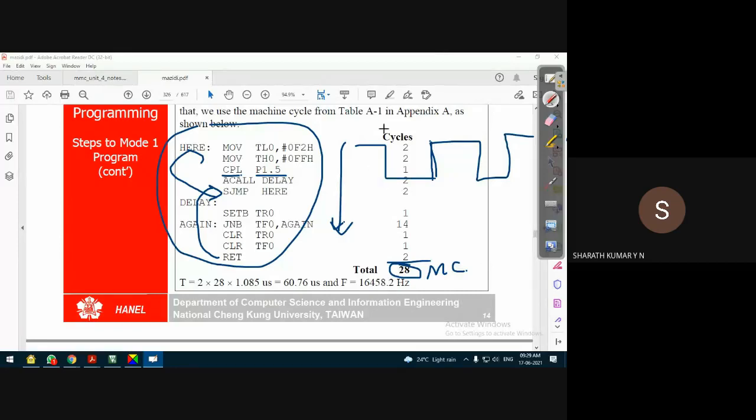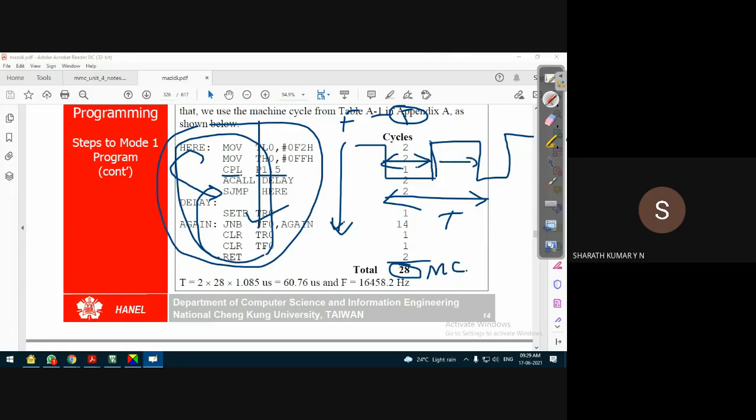We have to find out the frequency, and for frequency we need the time period, T. One execution gives only one half cycle, so twice execution gives another half cycle.